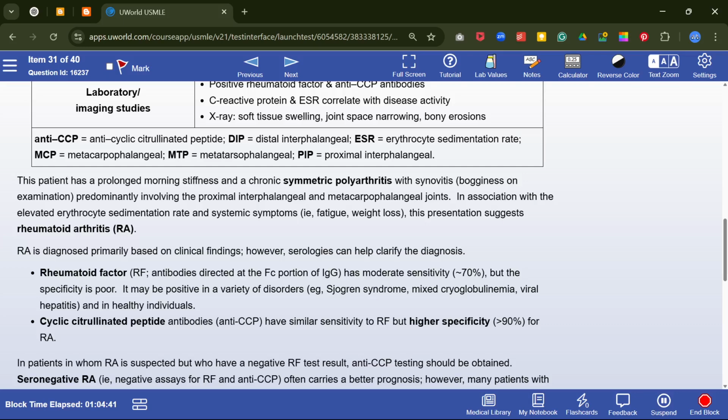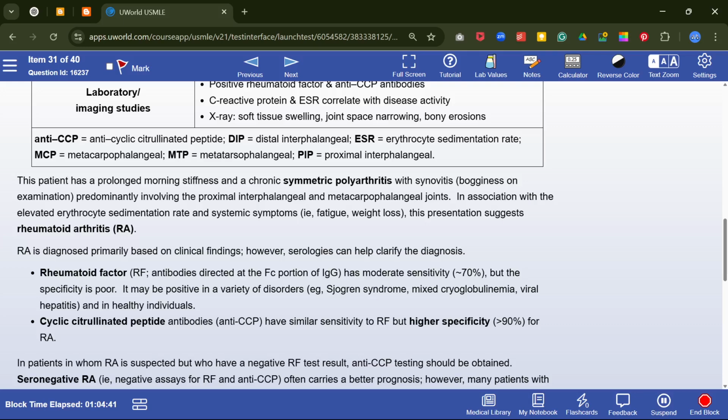RA is diagnosed primarily based on clinical findings. However, serology can help clarify the diagnosis. Rheumatoid factor, RF, is an antibody directed at the Fc portion of IgG and has moderate sensitivity, but specificity is poor.